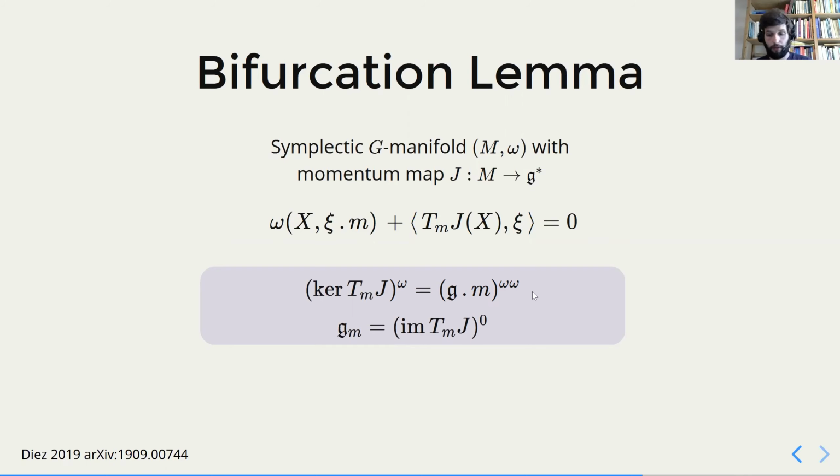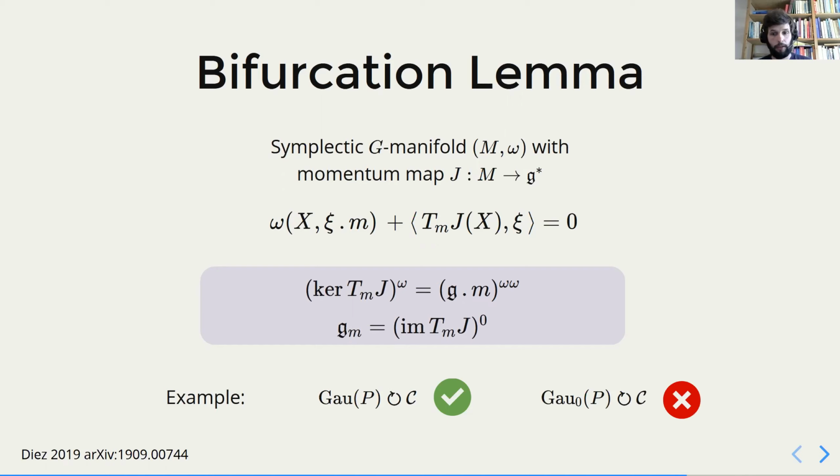For example, if you look at this example of Atiyah-Bott, there is a group of gauge transformations that acts on the space of connections, and then you can verify that the orbit is symplectically closed. So if you take the orthogonal twice, you end up with the same orbit again. But if you change the setting slightly and consider all gauge transformations that vanish at a point, then these still act on the space of connections.